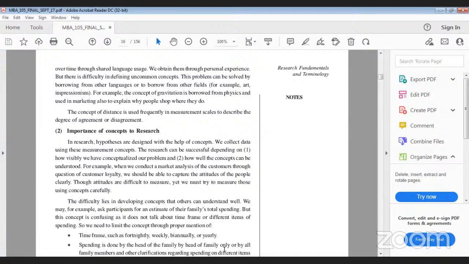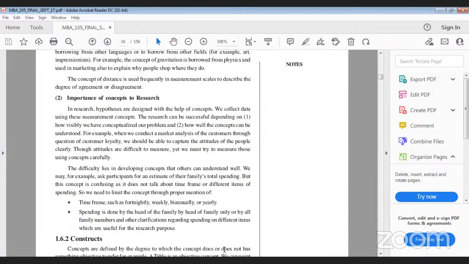We may, for example, ask participants for an estimate of their family's total spending, but this concept is confusing as it does not mention the time frame or the different items of spending. So we need to limit the concept with proper mention.